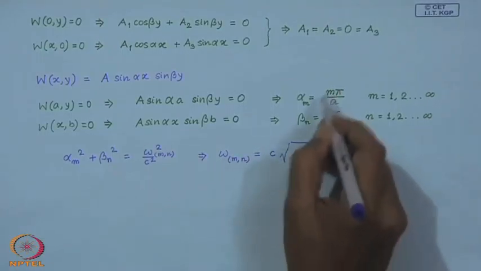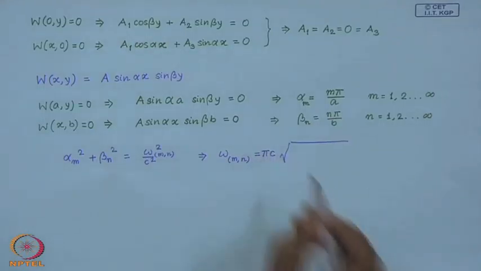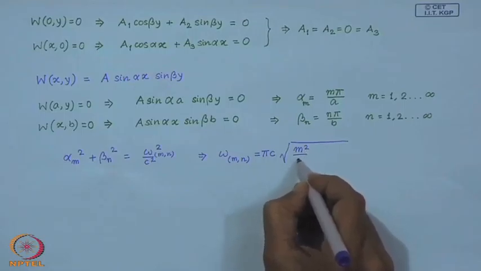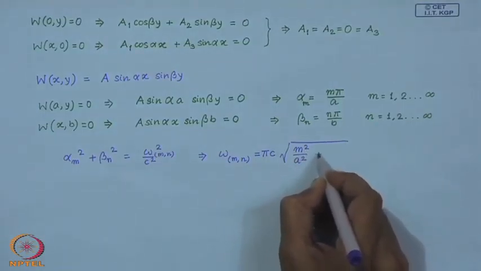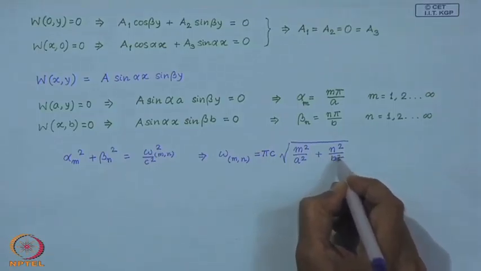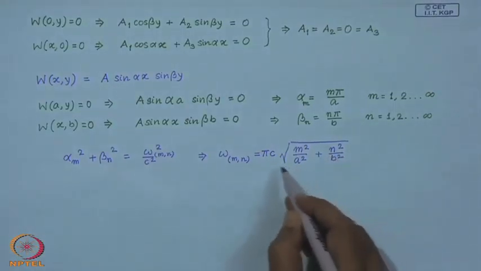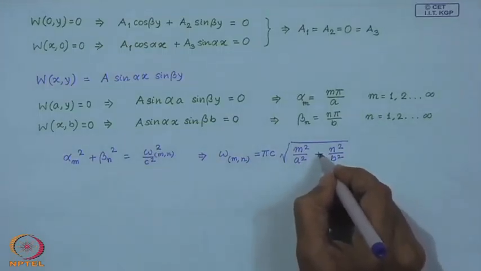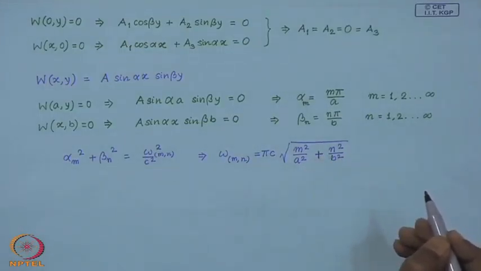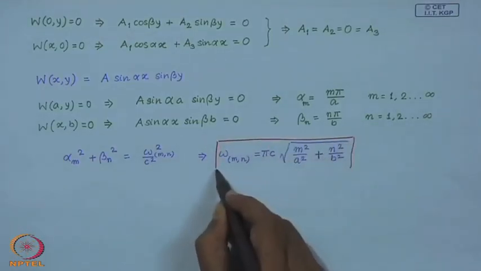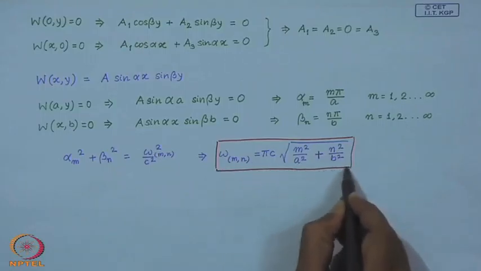I can take this pi outside as well. So it is the square root of m square over a square plus n square over b square. So these are the eigenfrequencies of the rectangular membrane.